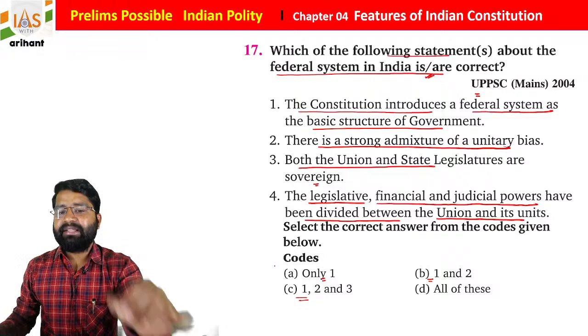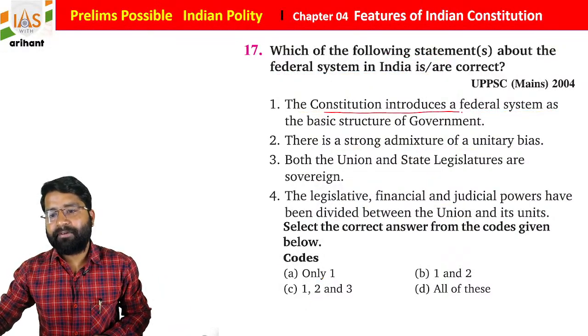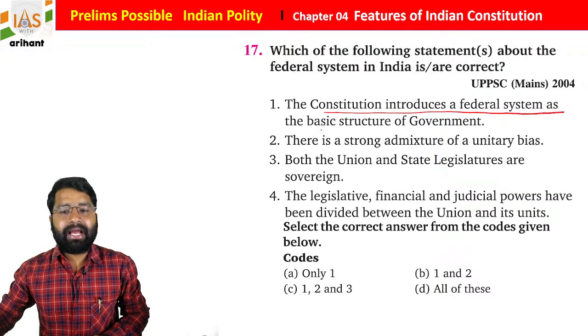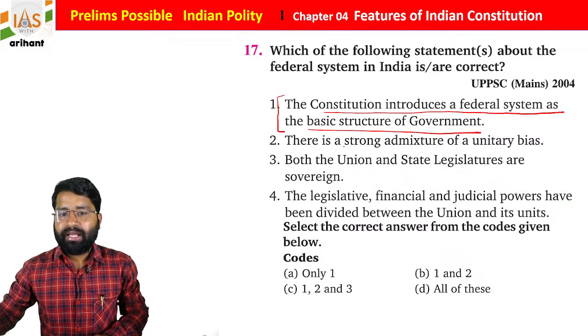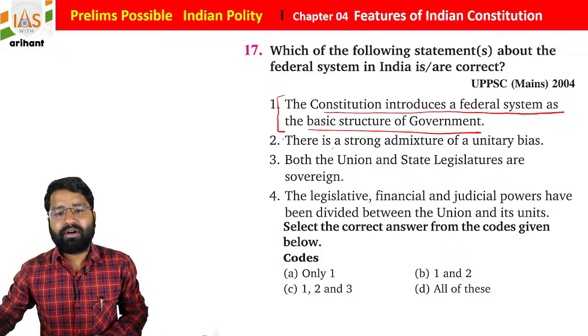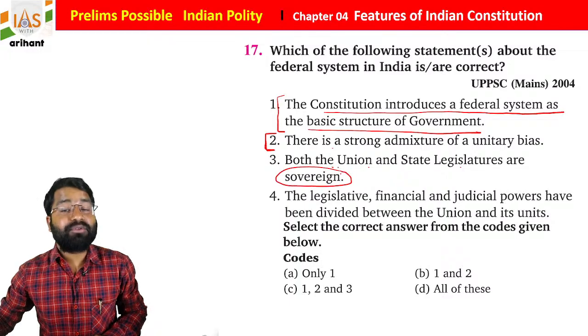Okay. Read carefully. The Constitution introduced a federal system as the basic structure of government. Basically our states are there, union is there. There is a strong admixture of unitary bias. Center will have more power. Both union and state legislature are sovereign. Both. So you have to choose it.